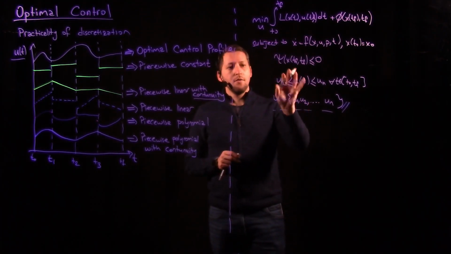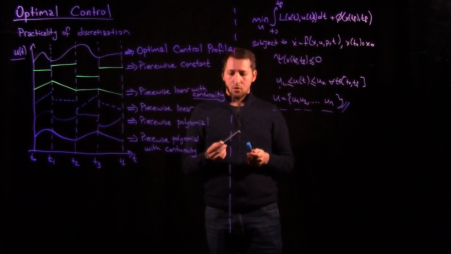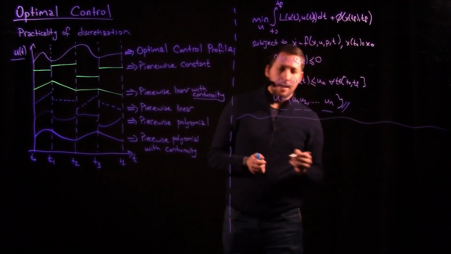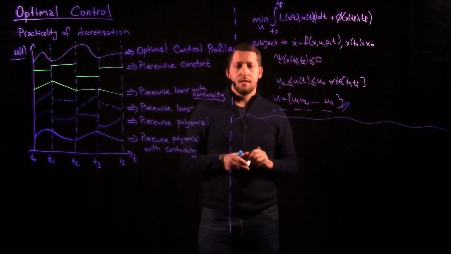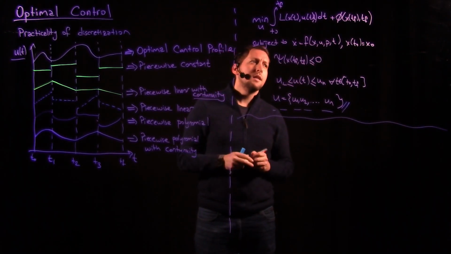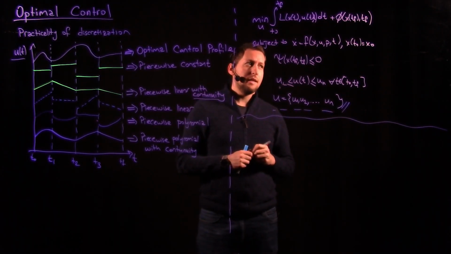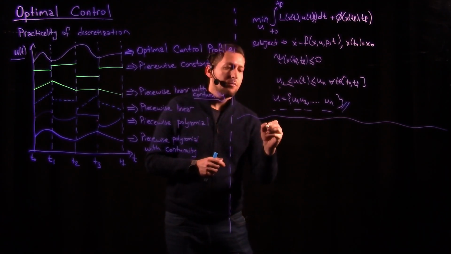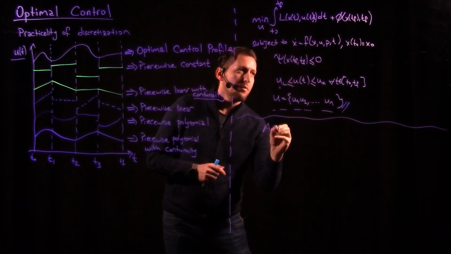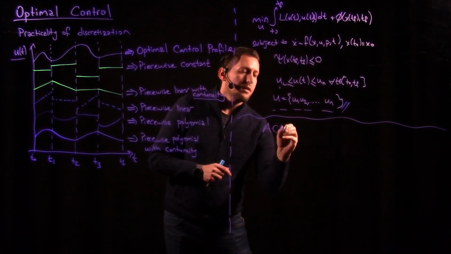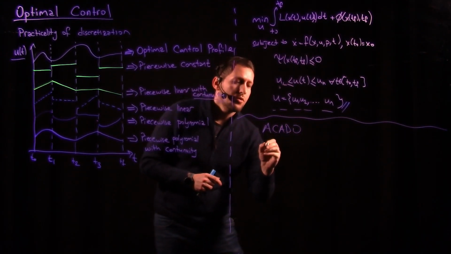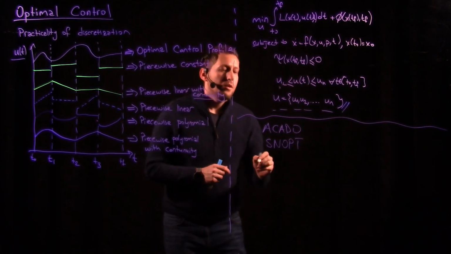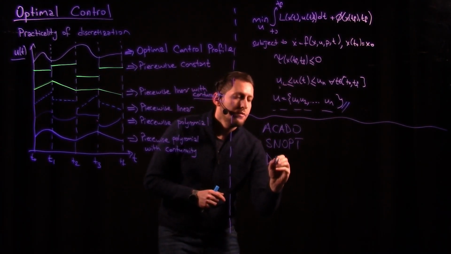And of course, after that discretization, you're going to need solvers to handle this computationally extensive problem. Luckily, there are lots of available tools in hand that you can also find on the internet. I would like to name some of them here. For example, ACADO or SNOPT or DIDO.